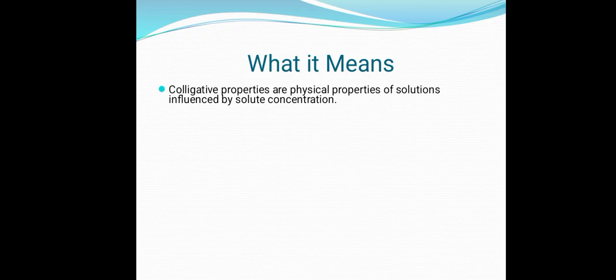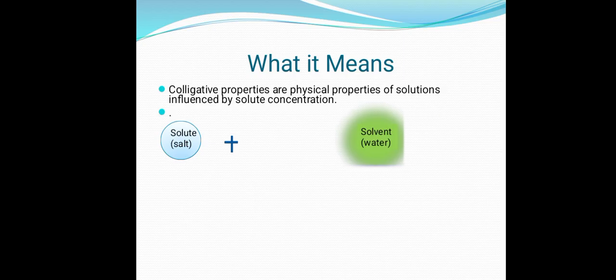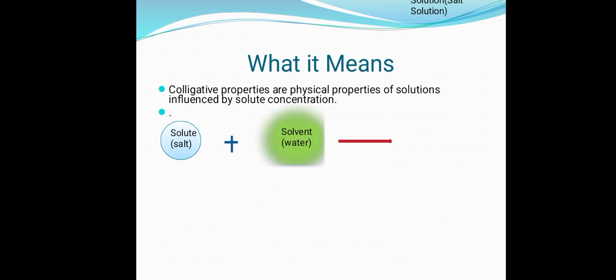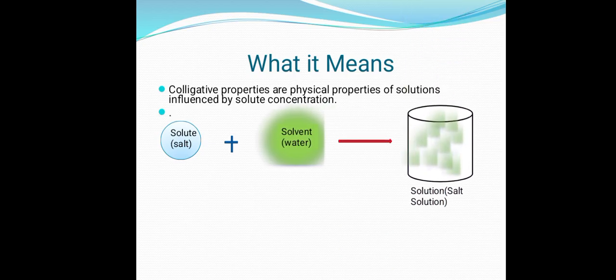All right, so recall that when a solute is added to a solvent, it will produce a solution. So when salt is added to water as solvent, it produces a salt solution. The salt is the solute, water is the solvent.